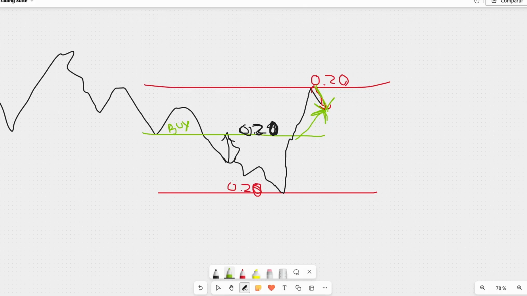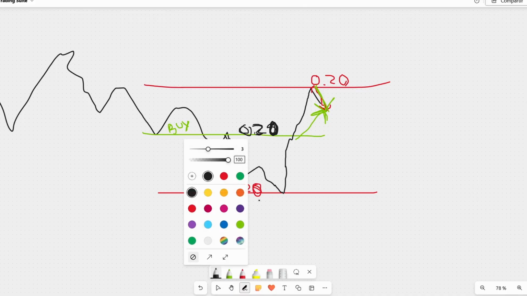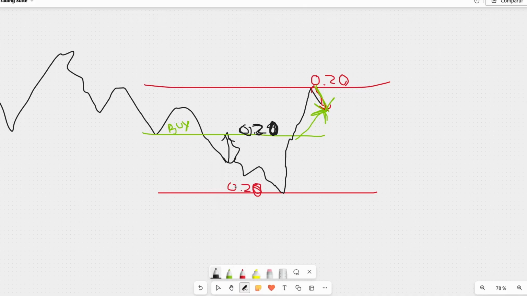And with these two profits, we close a little part of this. So let's suppose with this profit, I can close half. So instead of having 0.20, we transform this 0.20. So now we have 0.10. And we close this and we close this. And now you have just one sell of 0.10.